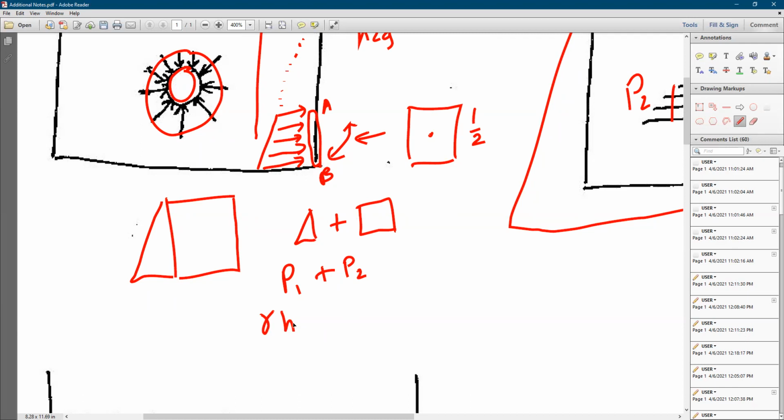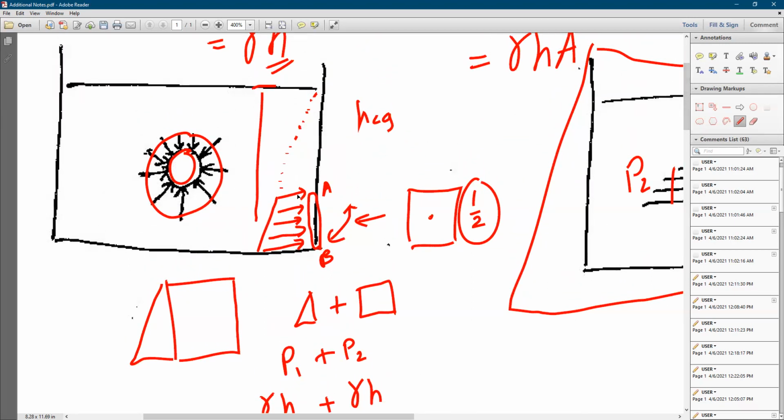Gamma H. Because of the shapes of this, that's why you divide by 2. It relates to this one. And here, basically, gamma H. This particular H, I put it as H2.